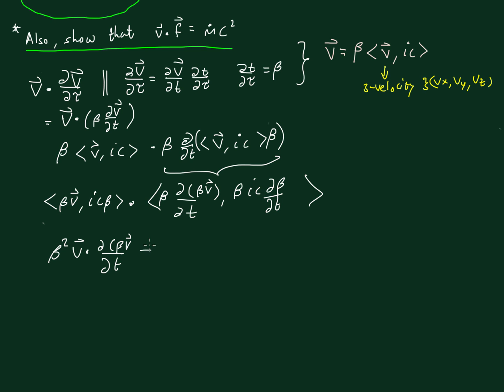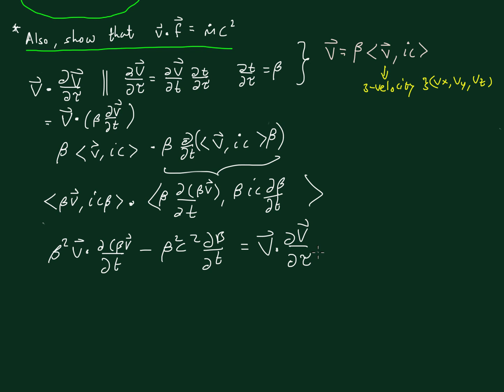So what we get is a negative beta squared c squared times d beta/dt. This is all equal to V dotted with dV/d tau.